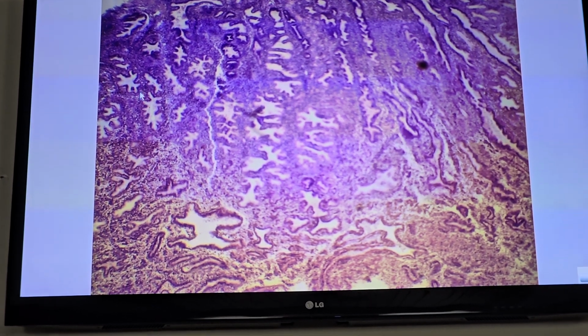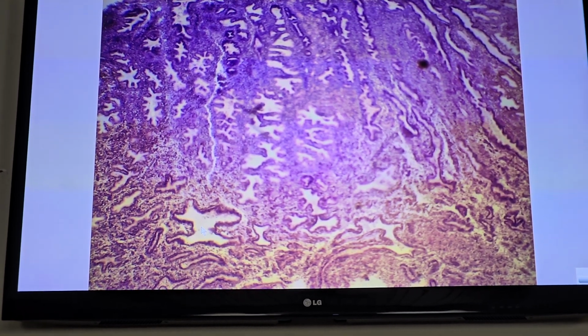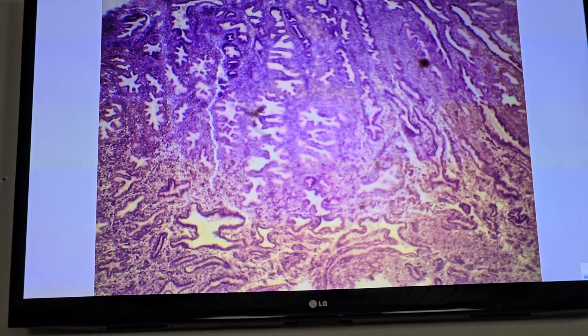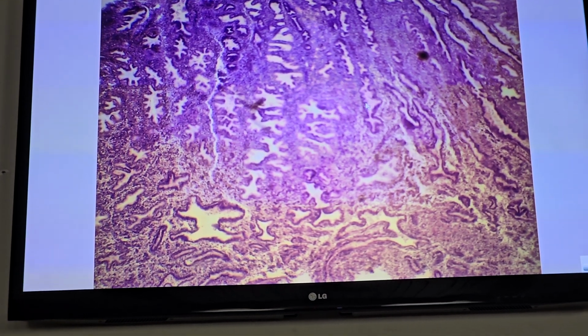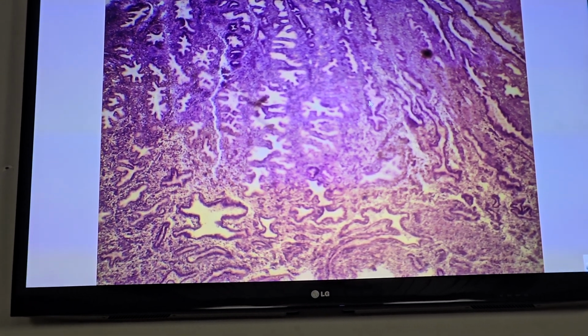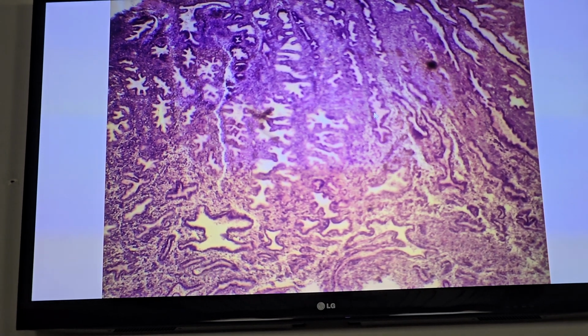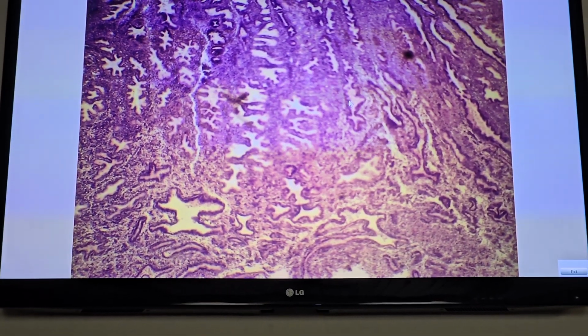Coiled or tortuous, dilated lumen filled with secretion. This is the difference. You depend on the shape of the uterine glands. These are the last two phases. First one follicular, second secretory phase.